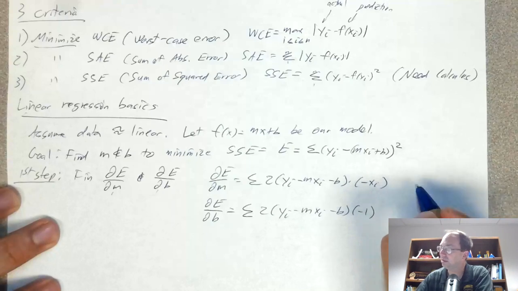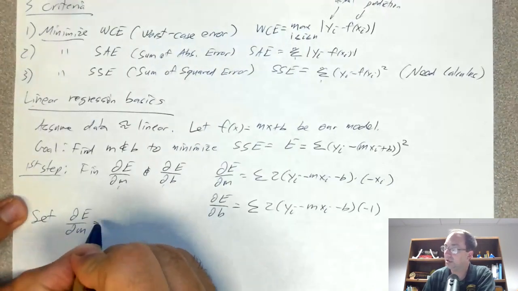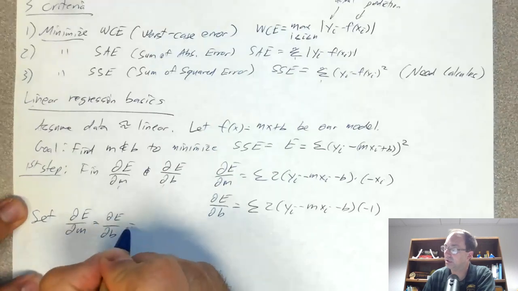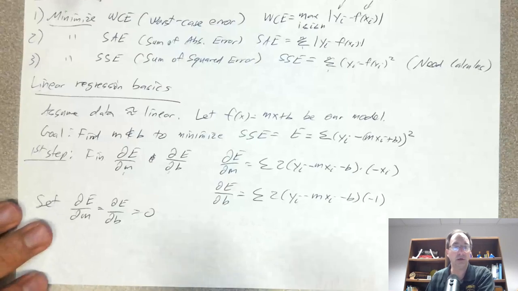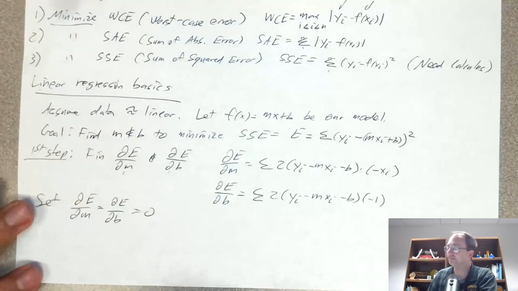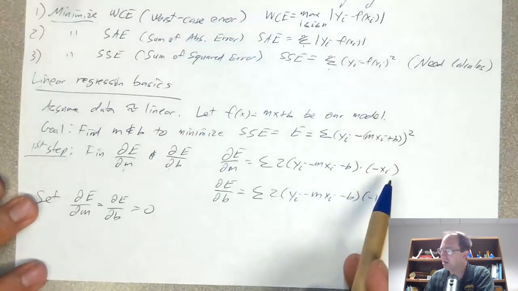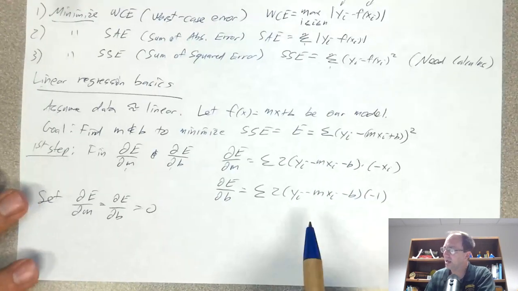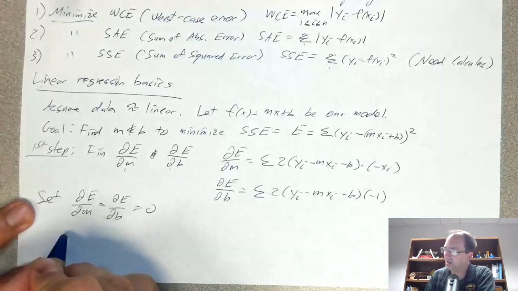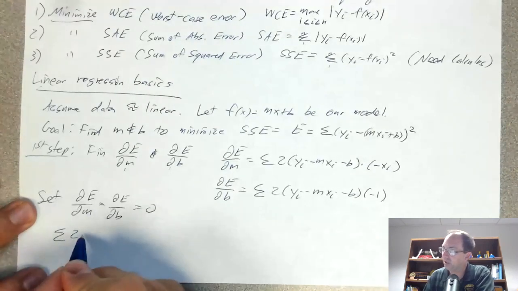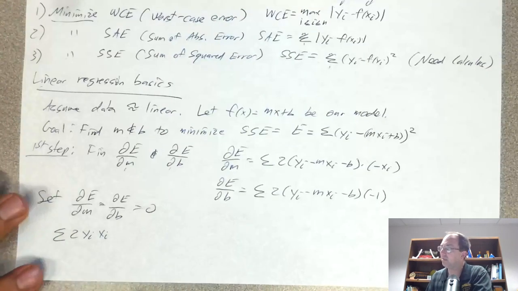And we want to set both of those equal to 0. And hopefully we'll be able to get equations that I can solve for m and b, which we'll leave some of this for the exercise so you can try it on your own. But notice that is in fact what we get, if we clean this up, set this equal to 0 and clean up a little bit, we get the sum of 2 yi xi, right?